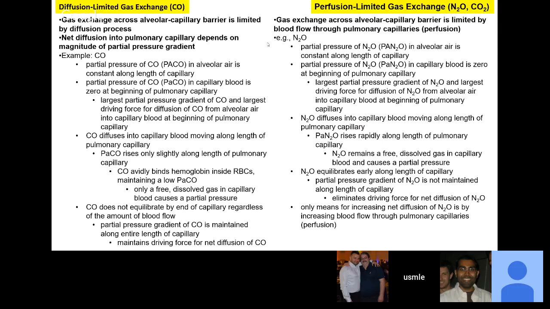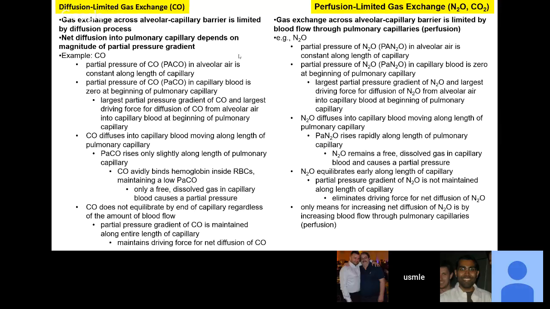So you're going to have perfusion limitation and diffusion limited gas exchange for carbon monoxide, nitrous oxide and CO2. Remember, all these exchanges will go through the barrier, the alveolar capillary barrier, and the diffusion is going to vary because of the type of gases and the pressure of these gases that leads to them going through the basal membrane.